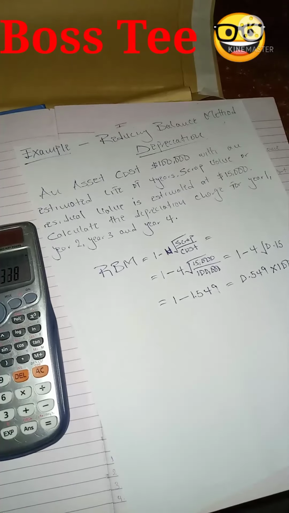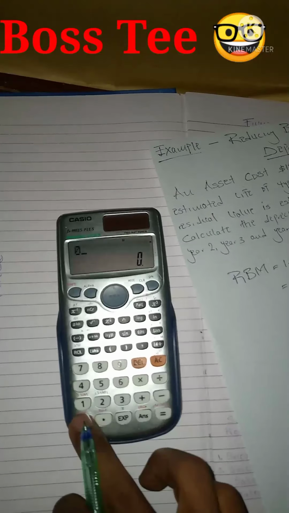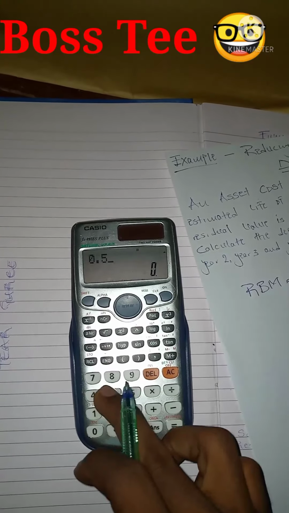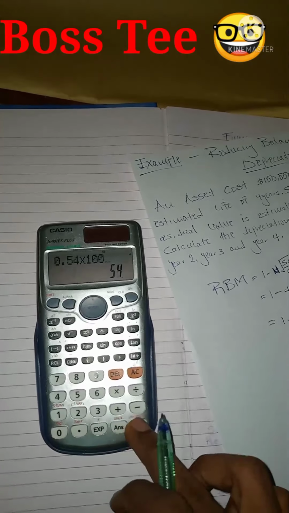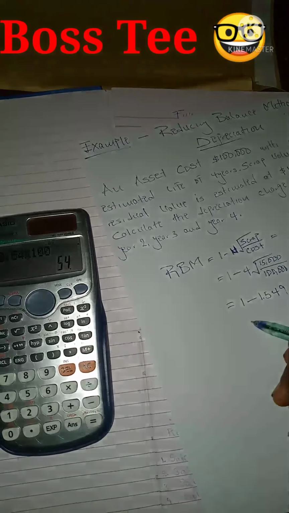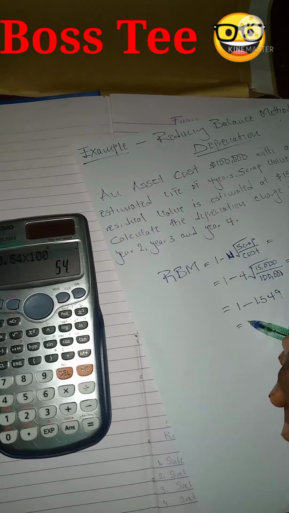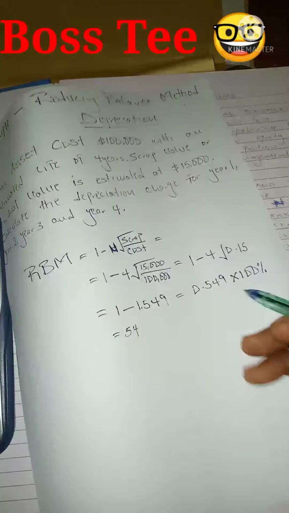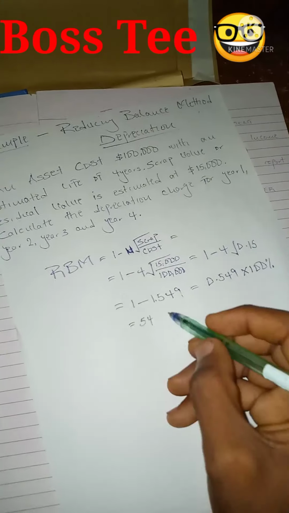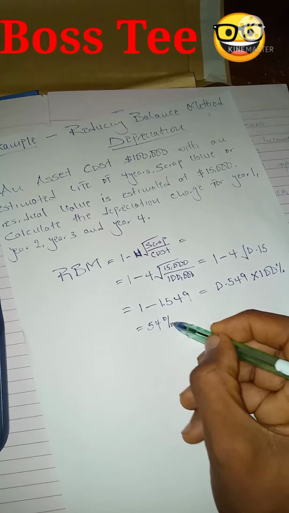And for the reducing balance method, after ascertaining a 0 point, you multiply by 100%. We say 0.54 multiplied by 100. It gives us 54. Mind you, it was multiplied by percentage, so it's simply going to be 54%.